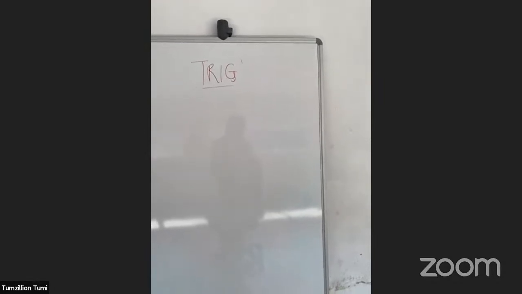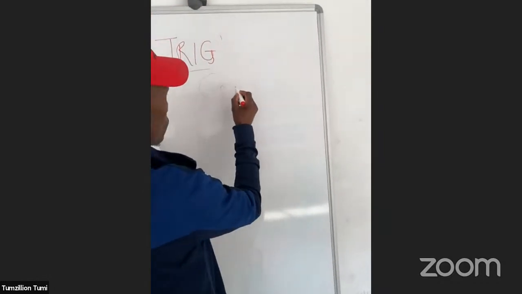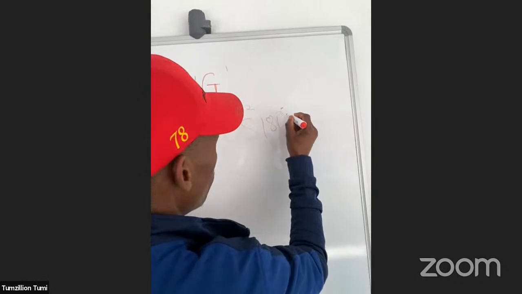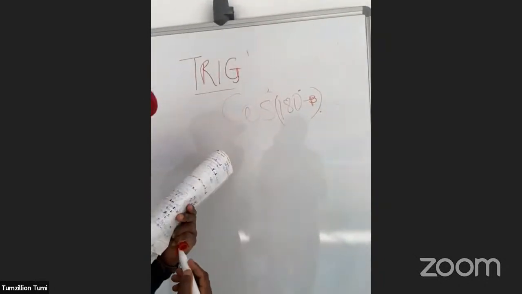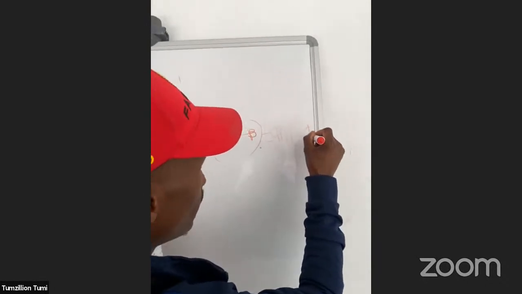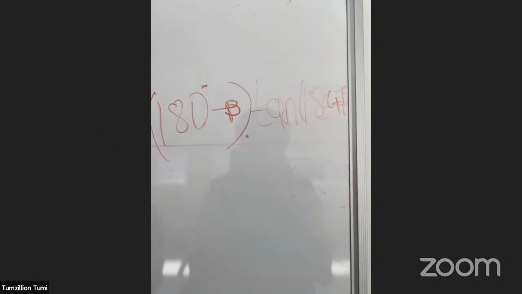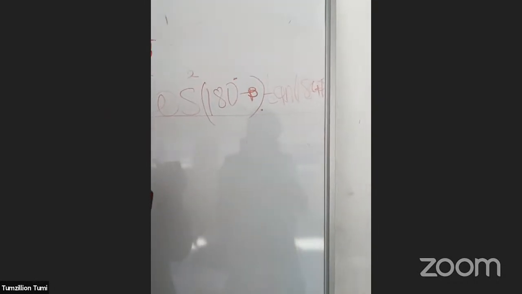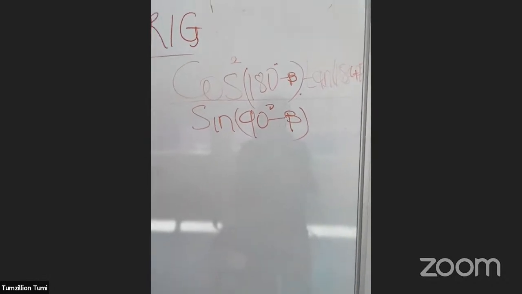If you have cos squared 180 minus beta, multiplied by, remember a dot means multiply, tan 180 plus beta, all over, or let's say this is divided by sine of 90 degrees minus beta. Okay, so this is an example here. Let's try to work it out together.